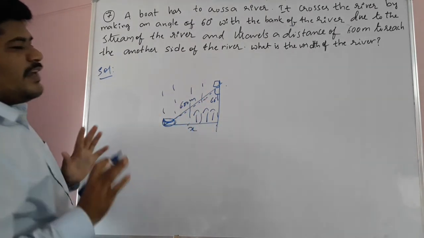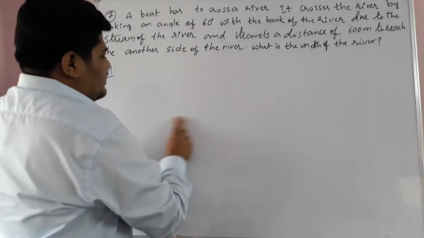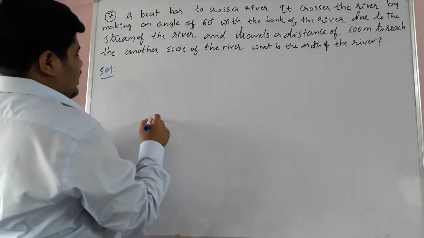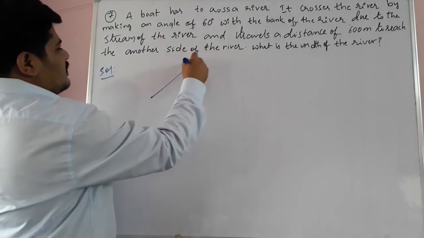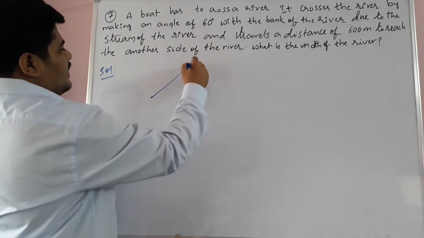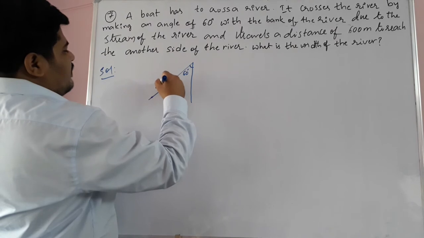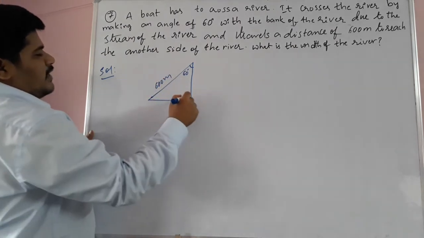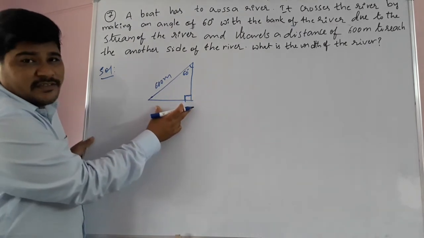So accordingly we have to draw the diagram. So students, let's assume the situation and draw the diagram. The ship started and traveled for some distance. With the bank it's making 60 degrees, and it traveled 600 meters, and this is the width of the river, and it's making 90 degrees here, which means shortest distance.